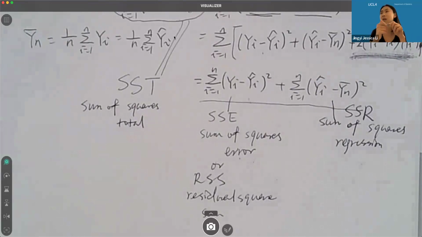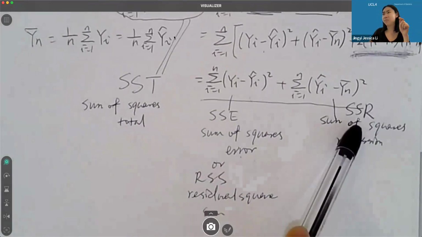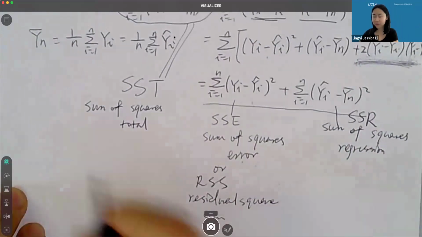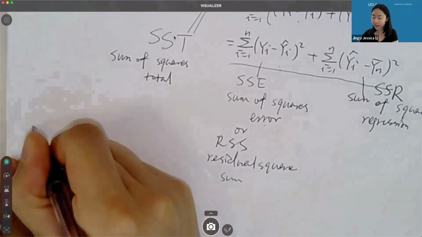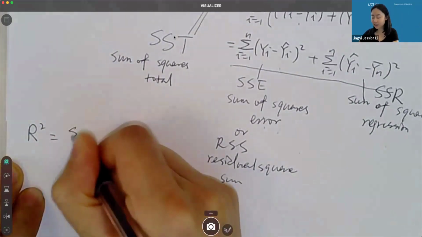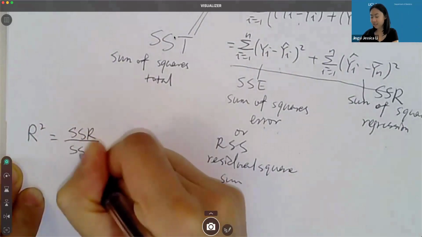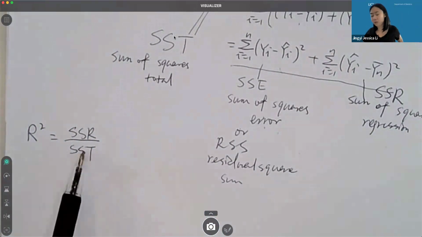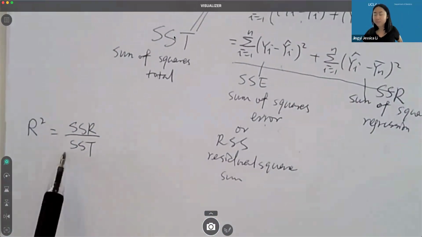That's the ultimate goal. But the logic is that we hope the genetics is the model to explain more of the trait variance. And in genetics, this ratio, which in statistics we call R squared, is SSR over SST, okay? So basically, it's the proportion of the total variation that can be explained by your model.